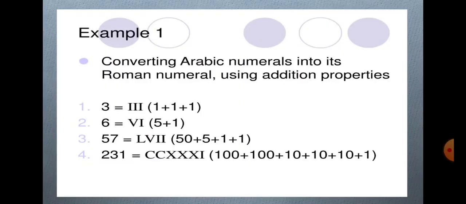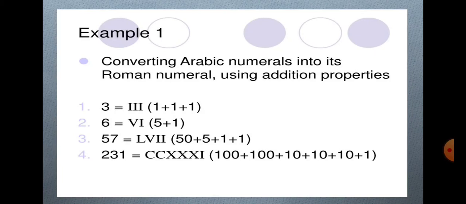Let's see how we can convert Arabic numerals into Roman numbers using addition properties. How will we write 3? 3 is written as III. That means 1 plus 1 plus 1. Let's do another example. How will we write 6? 6 is equal to VI.